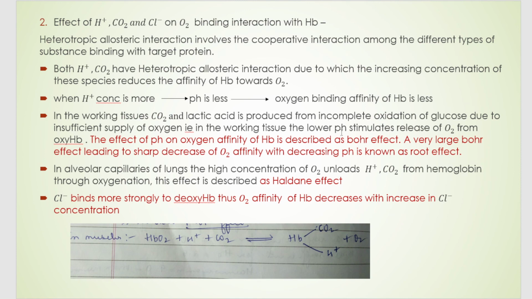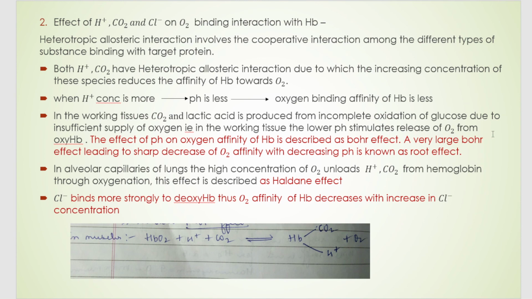Because of low pH, what happens, students? Low pH means oxygen binding affinity of the hemoglobin is less. So that oxygenated hemoglobin releases the oxygen and binds to H plus and carbon dioxide because of heterotropic allosteric interaction.